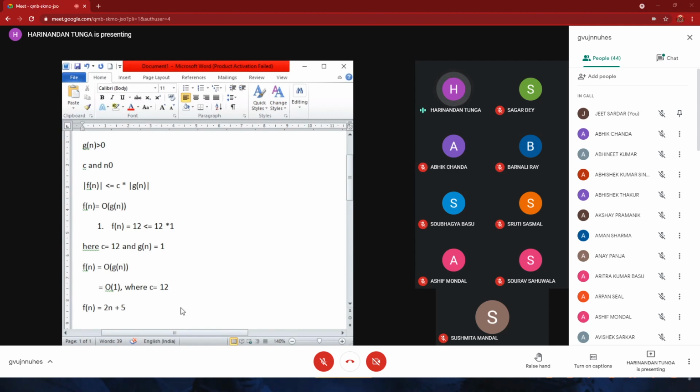Suppose the total execution time of an algorithm f(n) equals 2n plus 5, then we have to express f(n) in terms of Big-O notation and constant c.